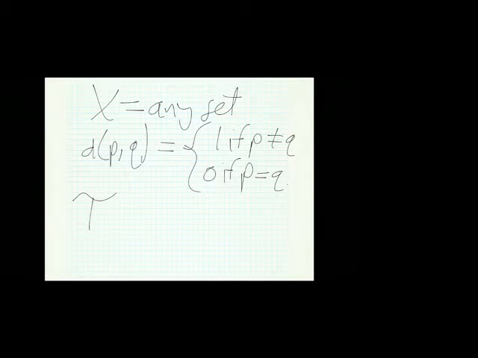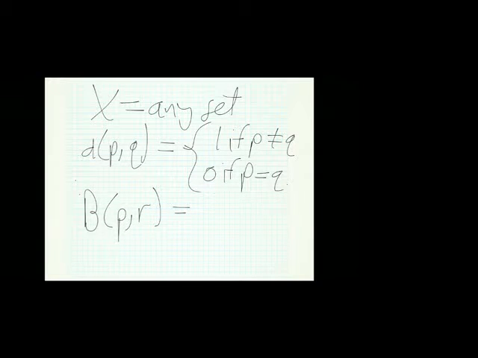Now you can ask, what is the topology we get? In fact, let me say it this way. What is the open ball centered at P? In fact, let's just put R here.